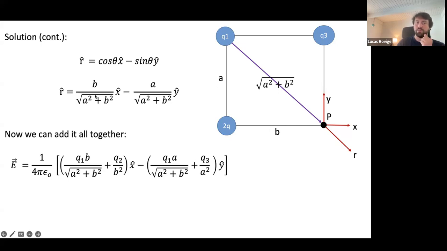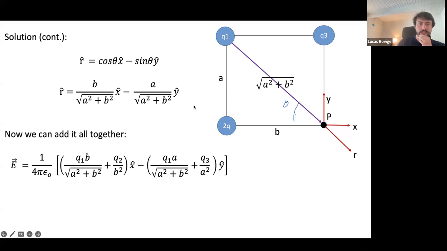Or you can express it as a function of the sides of the triangle, because cosine theta, if you have theta here, is just b divided by the hypotenuse, so the square root of a squared plus b squared.